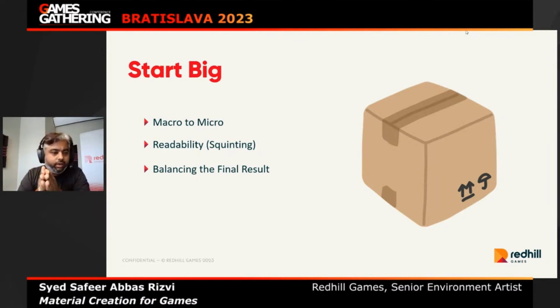So what I do, like I already wrote, is squinting. What I usually do when I make a material is either zoom it out and look at it from a very small size like this, or I squint my eyes and see how it looks. Why I do it is because when you zoom out your material, especially after doing your micro details or mid-level details, oftentimes you can see a big pattern, or a big patch on your material.